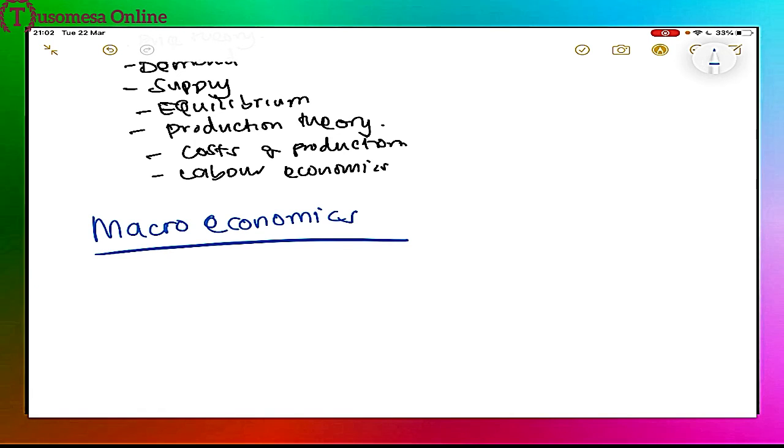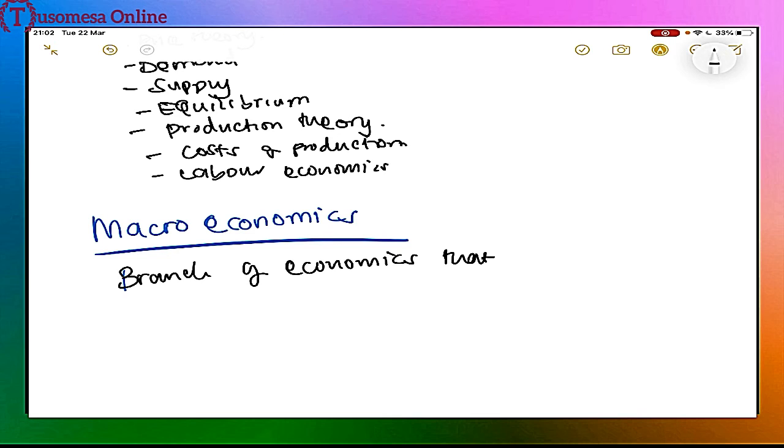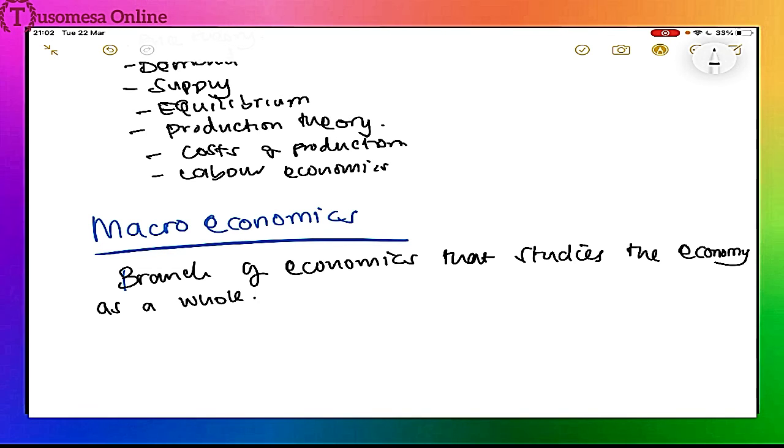So macroeconomics, we shall define it as the branch of economics that studies the economy as a whole.